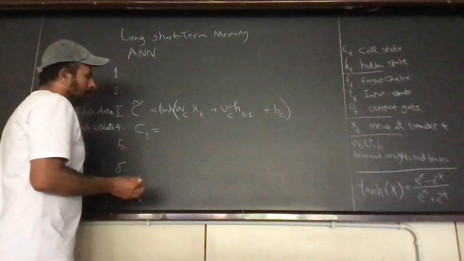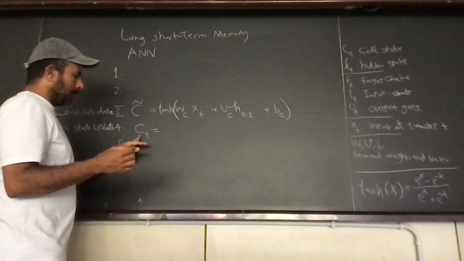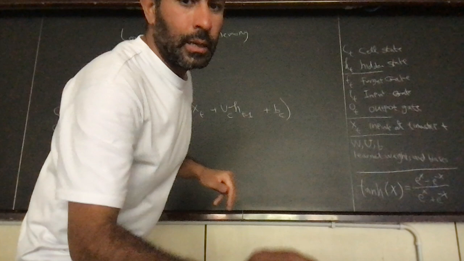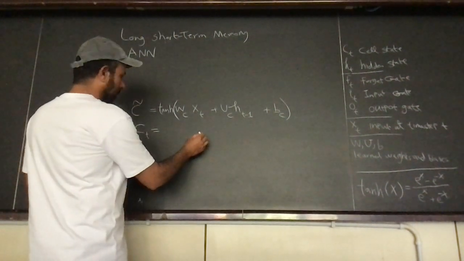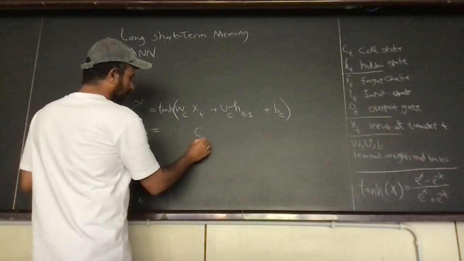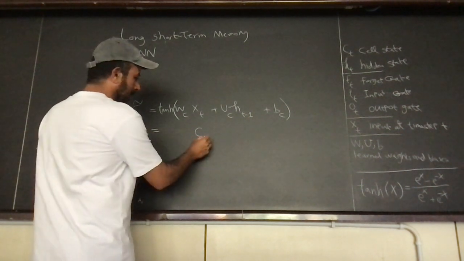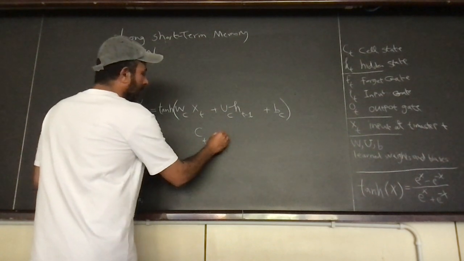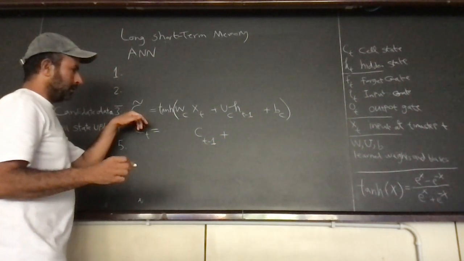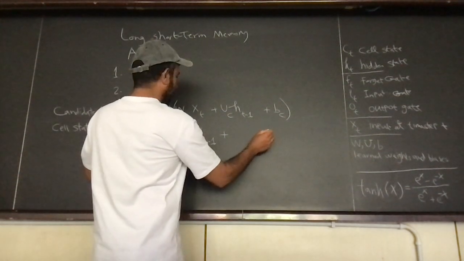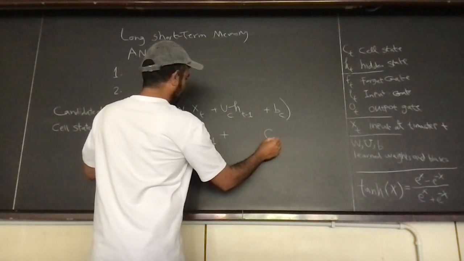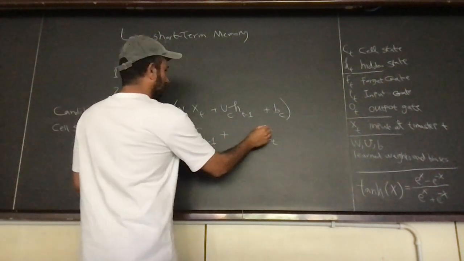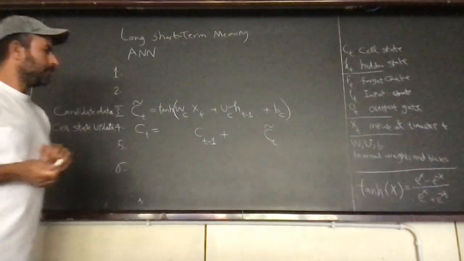It's a combination of the long memory at the previous time step, C t minus 1, plus the new candidate data, C tilde t here.